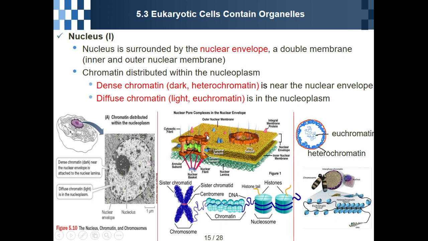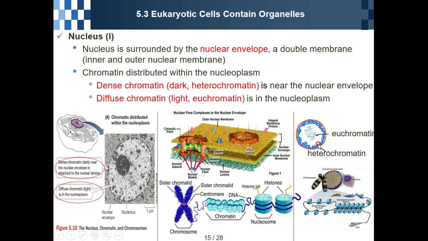Chromatin is distributed within the nucleoplasm. We can see a dense region near the nuclear envelope, and a lighter region around it, where there is diffuse chromatin.